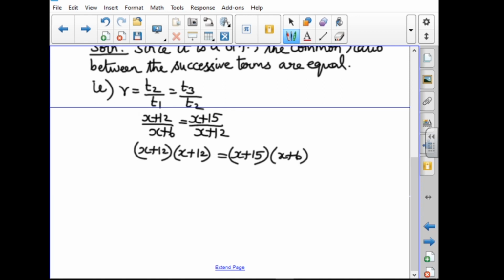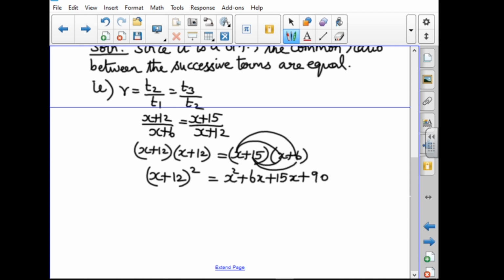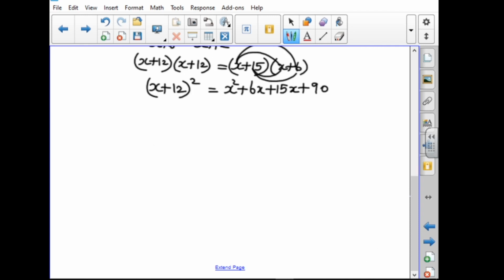Cross multiplying, this will become x plus 12 whole square. Here it will become x square plus 6x plus 15x plus 90. X into x, x plus 6, 15 into x, 15 into 6. Using algebra, here a plus b whole square is a square plus 2ab plus b square. So x square plus 2 into x into 12 plus 12 square.